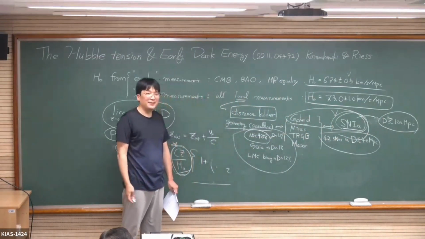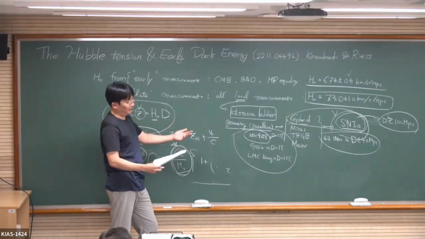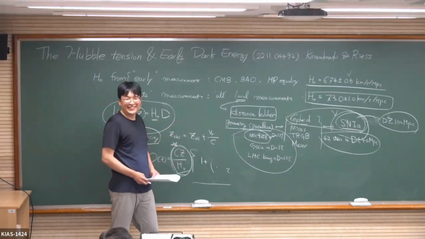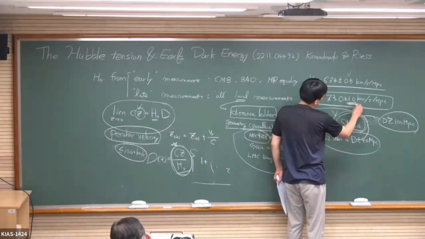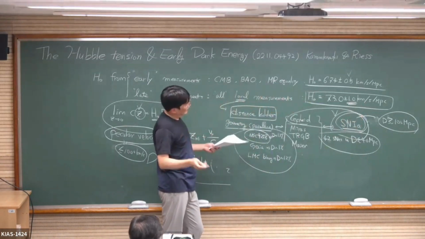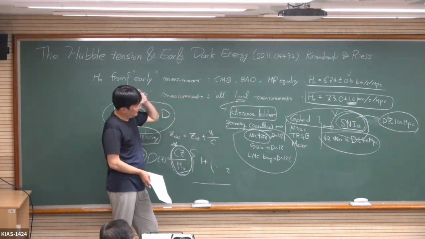73. Okay. And they also said, people talk about unknown systematics, but unknown systematics by definition cannot be tested. We don't know what to do. But that always bothers me, because after all of this, it's all calibration.